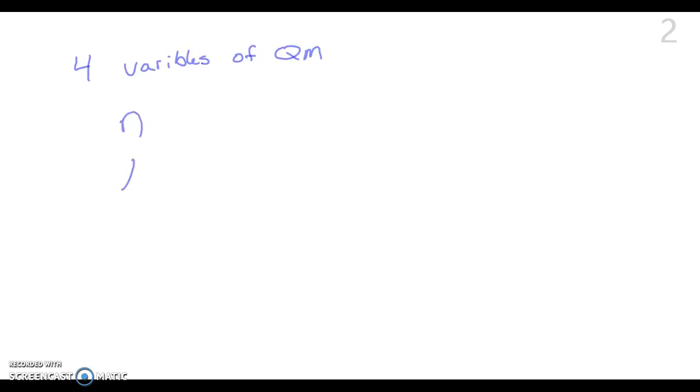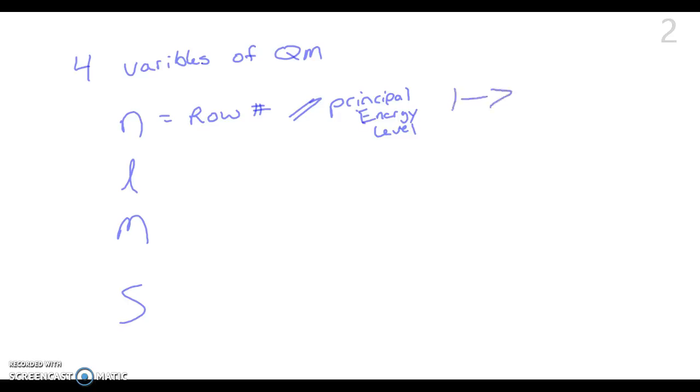We have N, L, M, and S. N stands for the row number. It's also the principal number. They go from 1 through 7 because there are 7 rows on the periodic table. Each row has more sequential energy. L stands for the shape of the electron cloud.